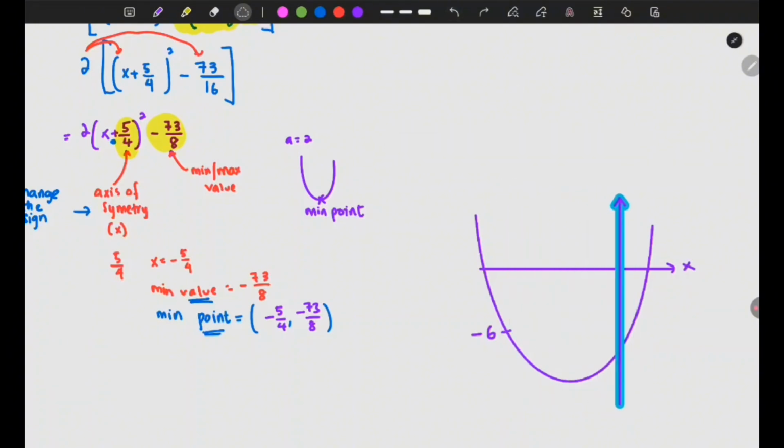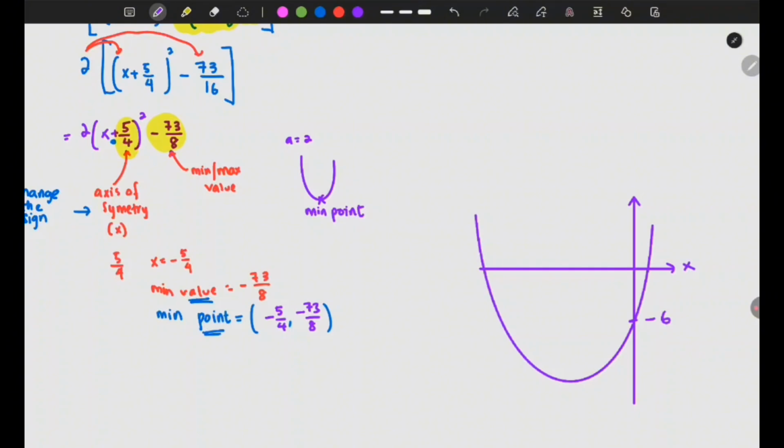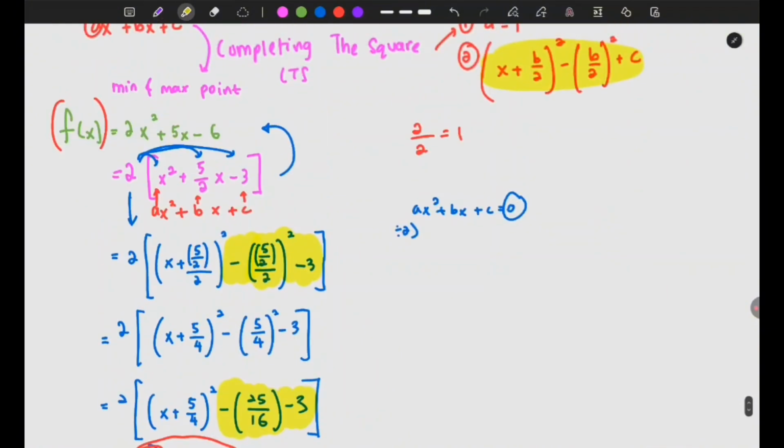From this. Maybe you can't see the y-intercept from the standard general form. And the minimum point is negative 73 over 8.